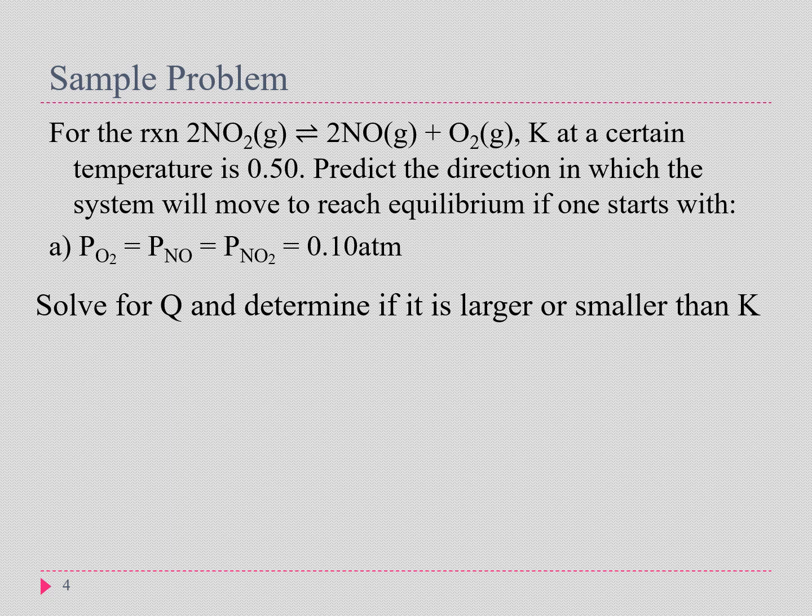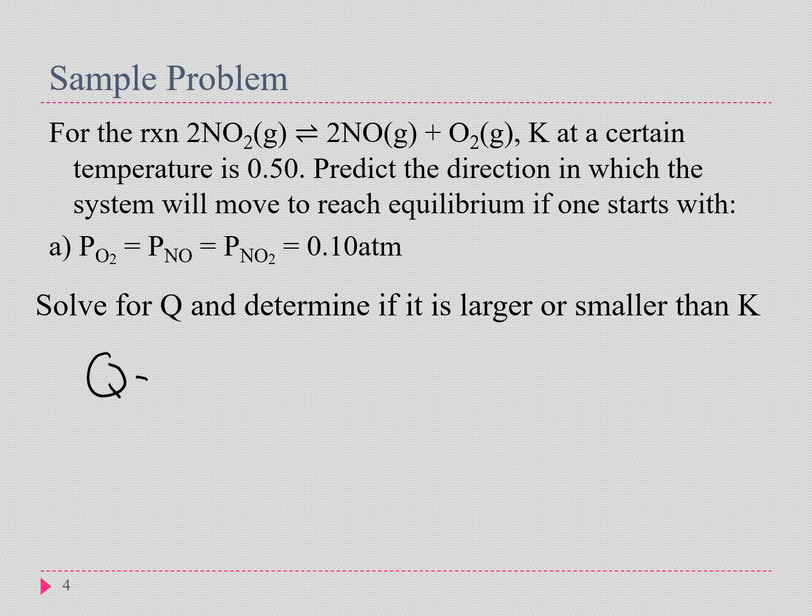We're going to do a sample problem where we're going to determine which direction our reaction goes. So we have this reaction of nitrogen dioxide in equilibrium with nitrogen monoxide and oxygen, and we know that K is 0.5. If we have our starting pressures all equal to 0.1 atmosphere, let's solve for Q and figure out which direction our reaction is going to go.